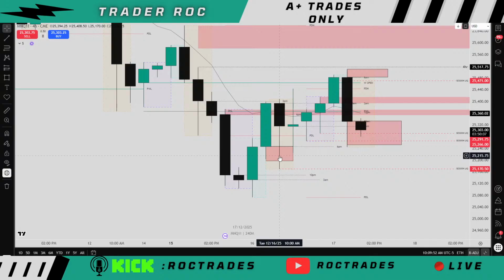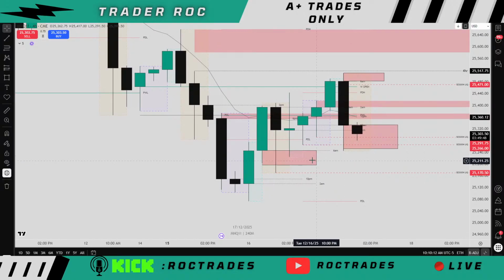When price was trading in here, this is where I was taking my buy trades. So this right here was a good area to look for buys. It looks like price was just up and down in this area. So not much we could have done other than the trades that we took. I think the trades I took yesterday were pretty solid when I went back and looked at my notes.